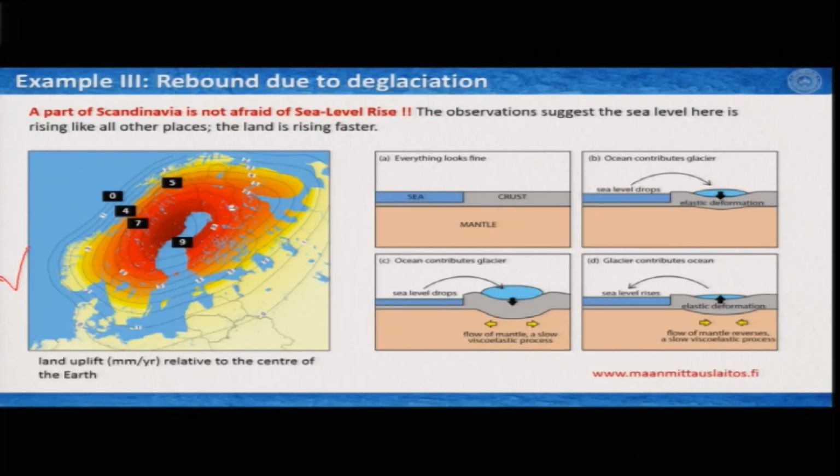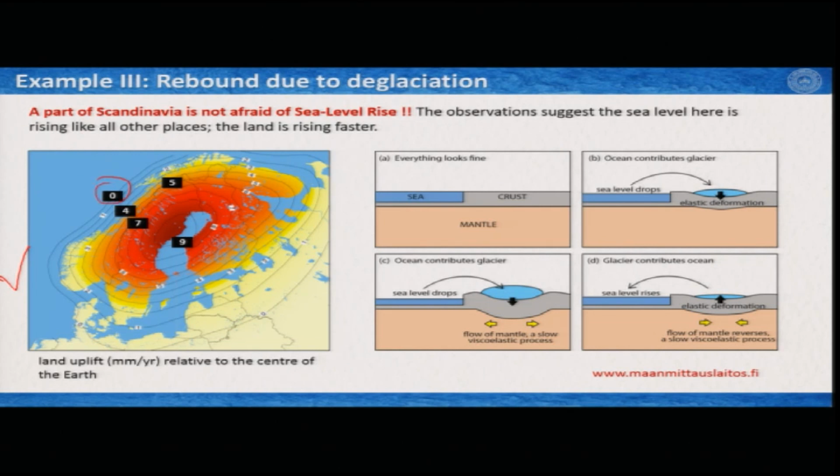Now, let us have a first look at this image. This is the Scandinavian countries, and these contours that we see here are your land uplifts. At the core, the land uplifts with a rate of 9 millimeter per year, and then it slowly reduces to almost 0 when you reach the sea.